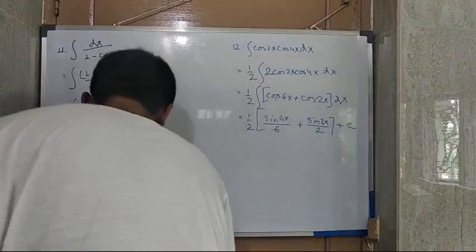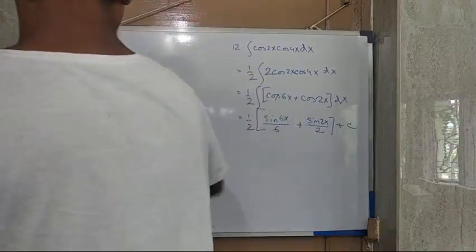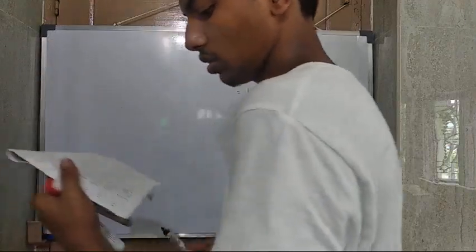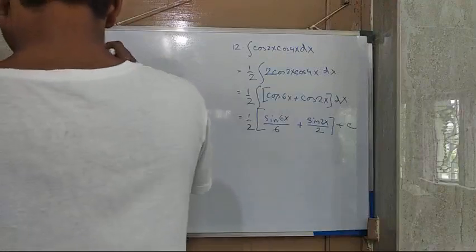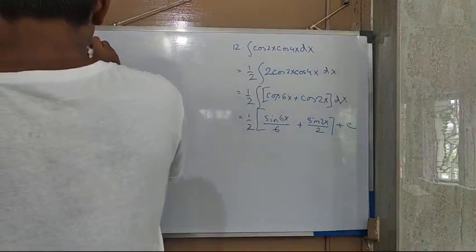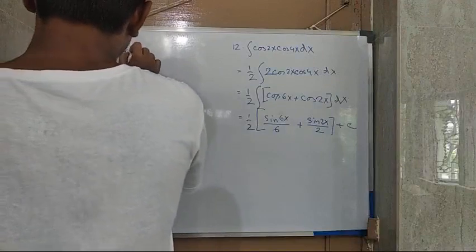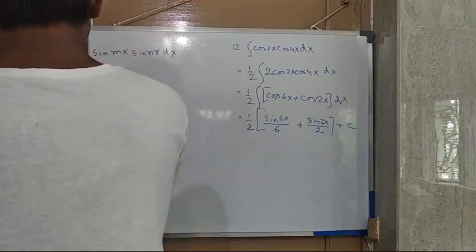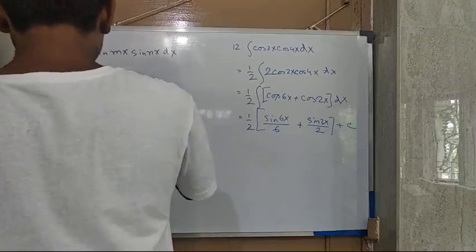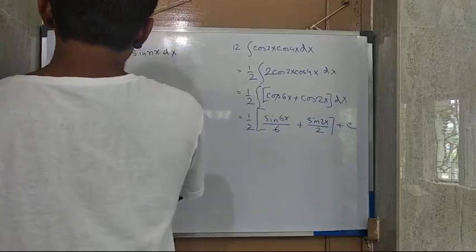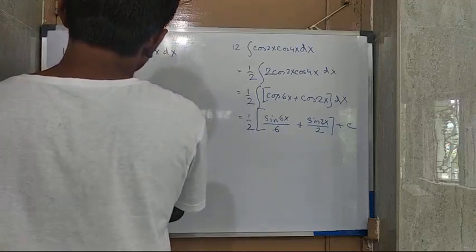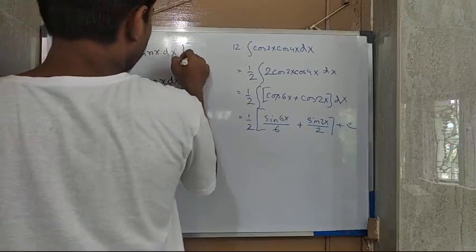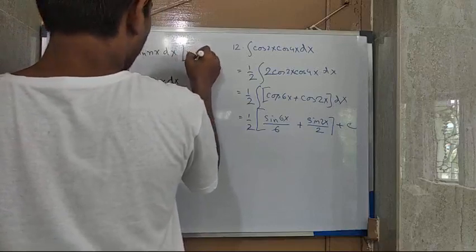Now let's proceed to the 13th one. The 13th question is the integral of sine mx sine nx dx. We can again multiply and divide by 2, which gives 2 sine mx sine nx dx, with the condition that m is not equal to n.